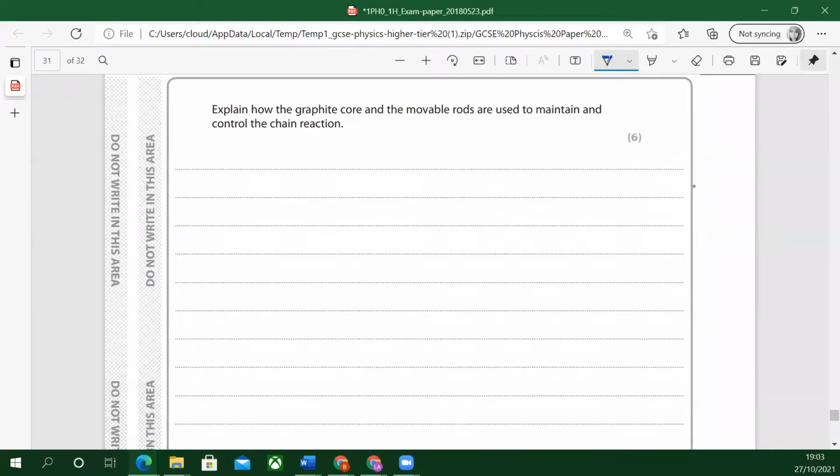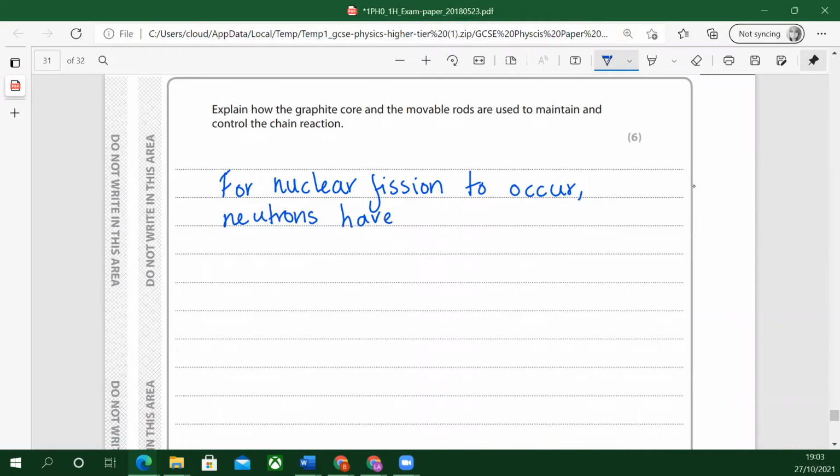Okay, this is nuclear fission, remember? For nuclear fission to occur, we are splitting a uranium nucleus. Neutrons have to move slowly, otherwise they just bounce off the nucleus and won't split the uranium.